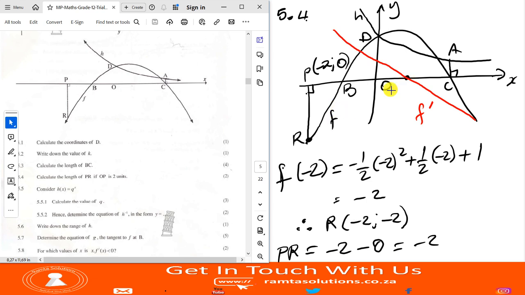And from differentiation calculus, the x value of the turning point of the parabola becomes the x-intercept of your straight line.